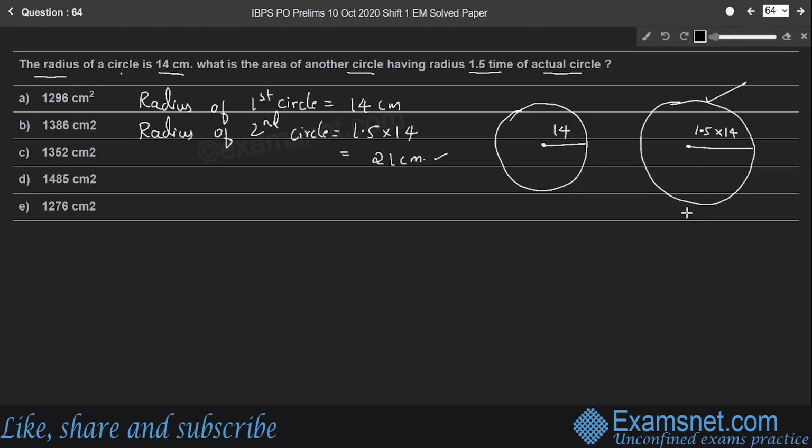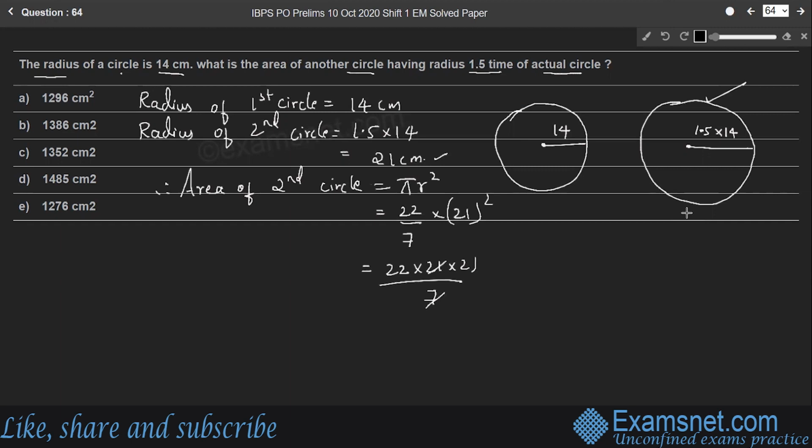The radius is given, so how do we find the area of the circle? Using the formula pi r square. Therefore, the area of the second circle is equal to pi r square. Pi is 22 by 7 and r is 21 square. Therefore, 22 into 21 into 21 by 7.